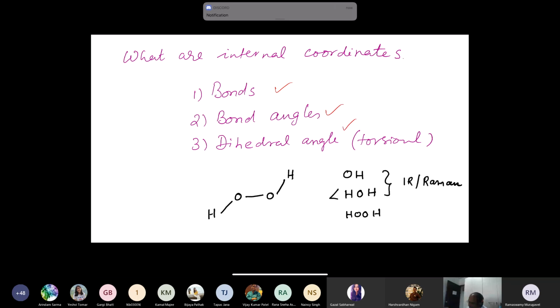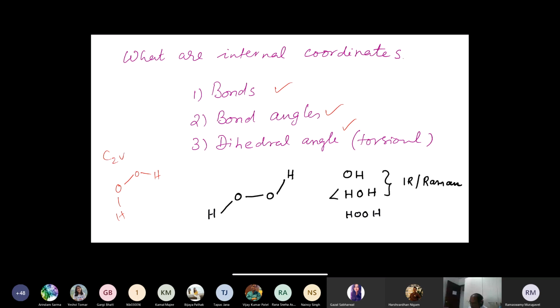So let us take a molecule such as trans hydrogen peroxide. Hydrogen peroxide also has another conformer, namely the cis. Okay, this is C2V, this is C2H. We'll come to this a little later. But let us take a molecule. It's got 2 OH bonds, 1 OO bond, 2 HOO angles, and it's got 1 torsional angle.